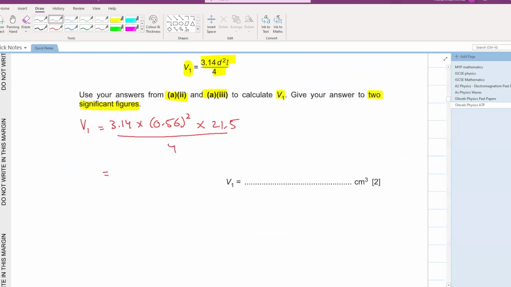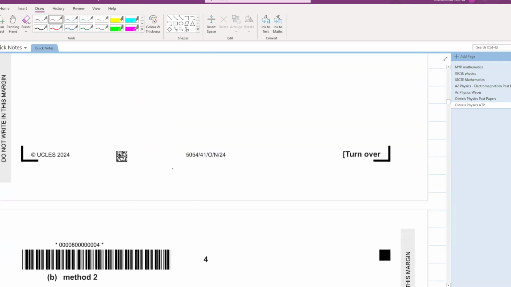What does your volume V1 come out to be? Your volume V1 comes out to be 5.3 cm cube to two significant figures. Nothing complicated here. Let's further move ahead.